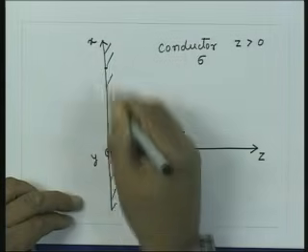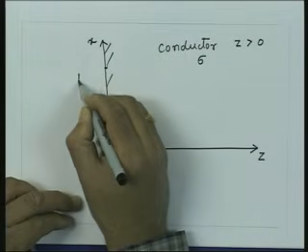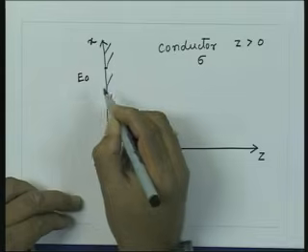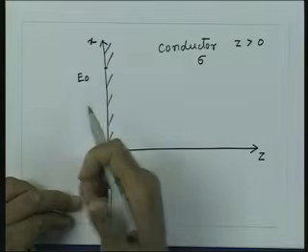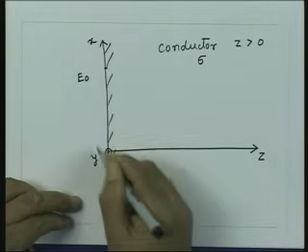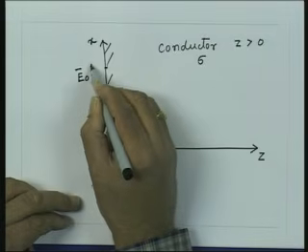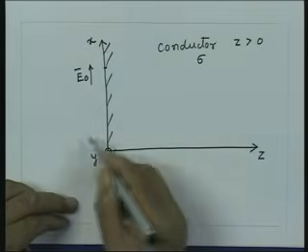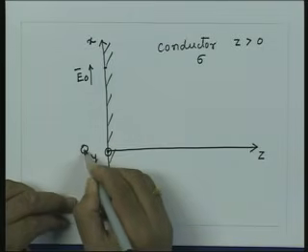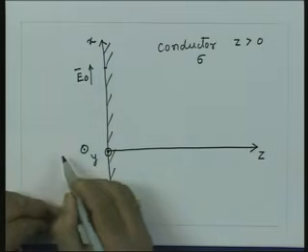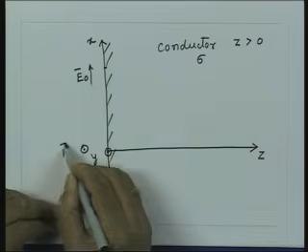If the value of the electric field in this direction was some E0, and the magnetic field, which will be oriented in the y direction, is H0. So this is the magnetic field.